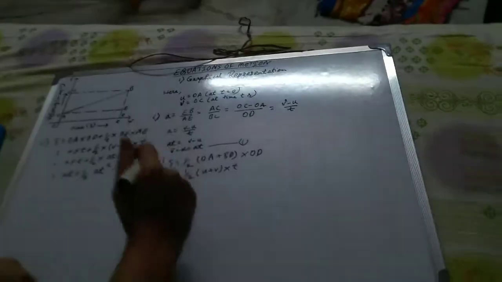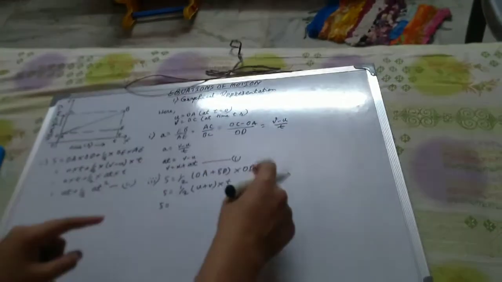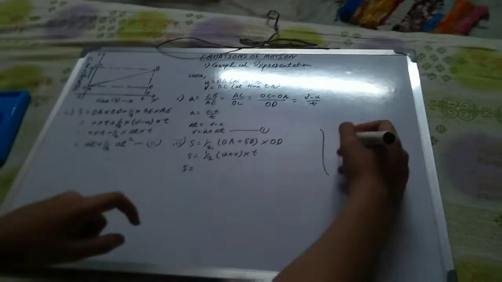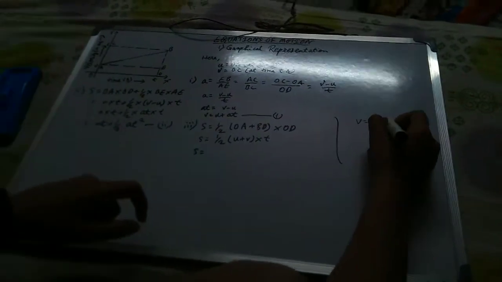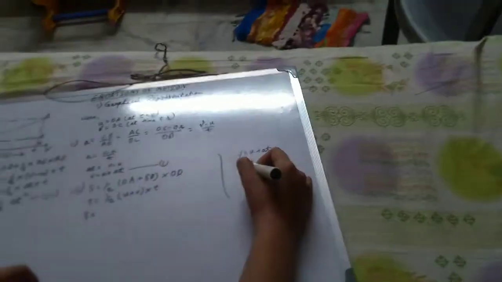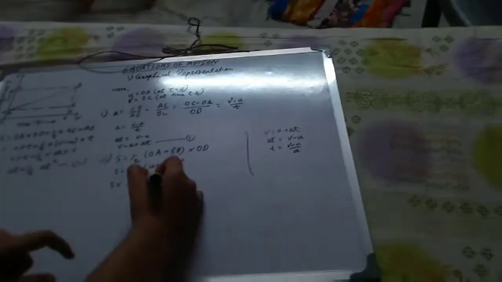But from equation 1, we have got at equal to v minus u, so t equal to v minus u by a. I have shown it alongside here. So let us put it here.